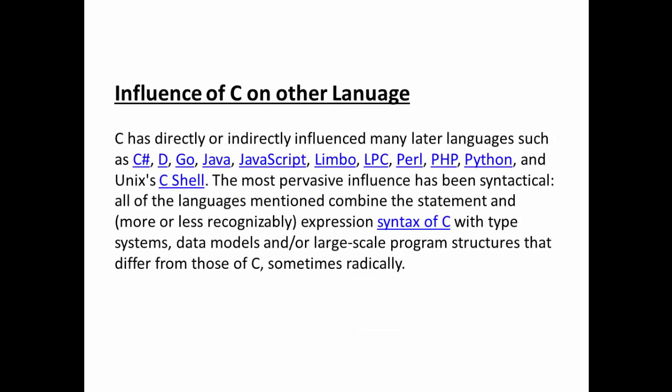So the influence of the C language, either directly or indirectly, is very huge. C has influenced a whole lot of programming languages like C++, C Sharp, Java, PHP, Perl, and Python. All these languages derive their syntax from the C language.